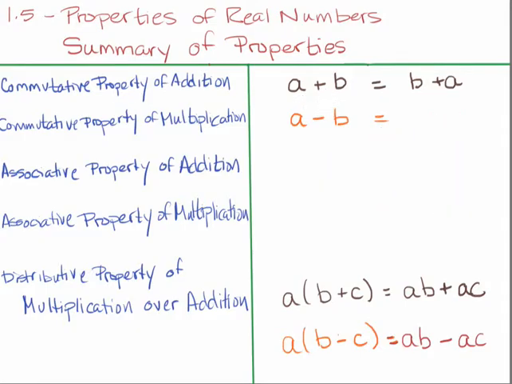So we can't just turn them around the way we can with the sum, with the plus sign. What we can do is we can say that A minus B is the same as A plus the opposite of B. Now I've got a plus sign in there.